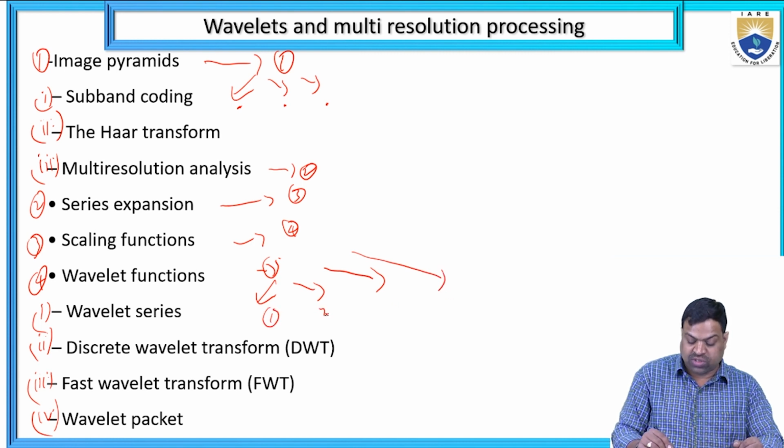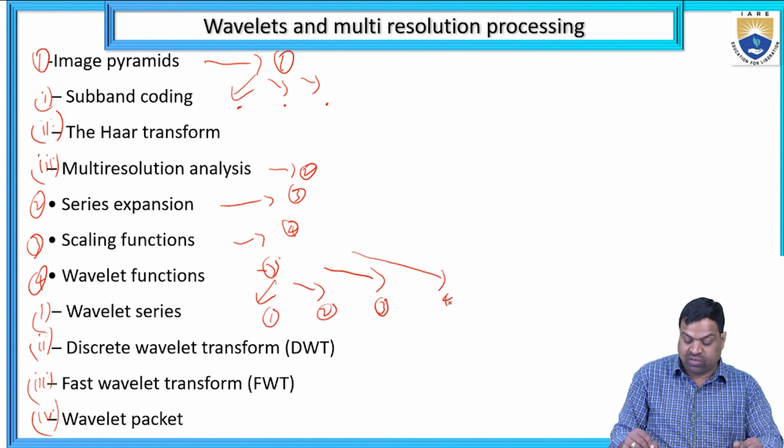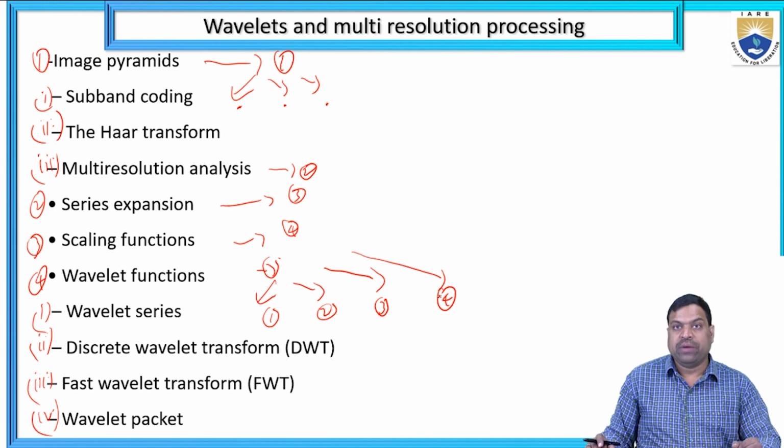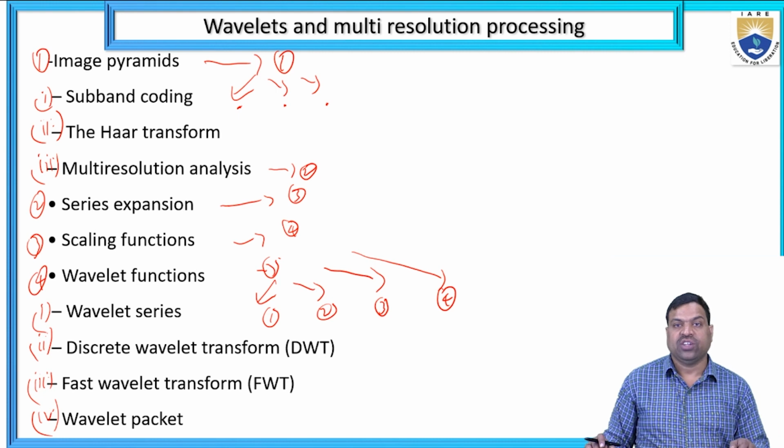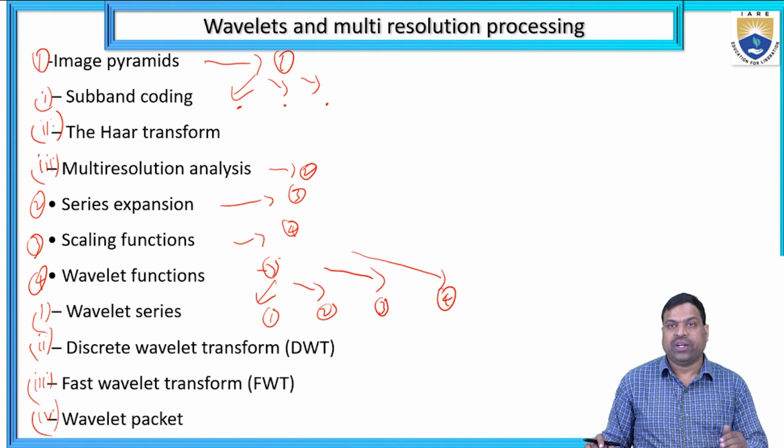So these are the 4 subtypes. So image pyramid, subband coding, Haar transform, multi-resolution analysis, series expansion, scaling function, wavelet series, discrete wavelet transform, fast wavelet transform, wavelet packets. These are under wavelets and multi-resolution.